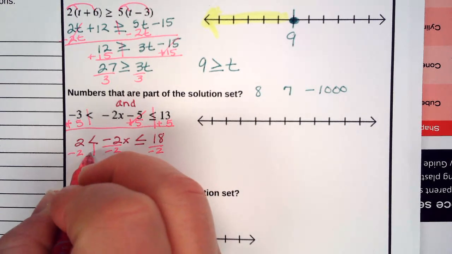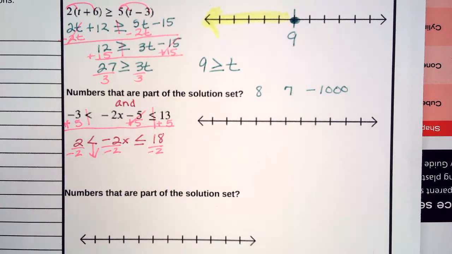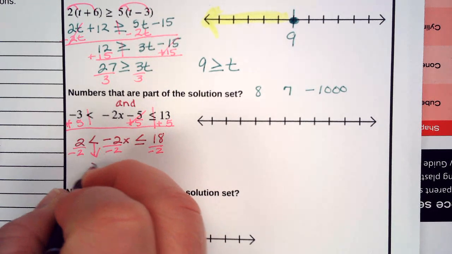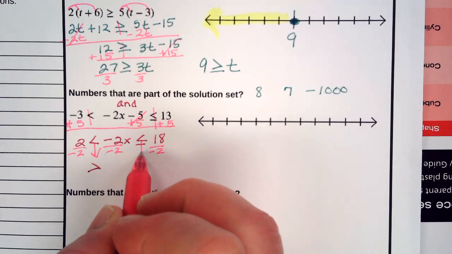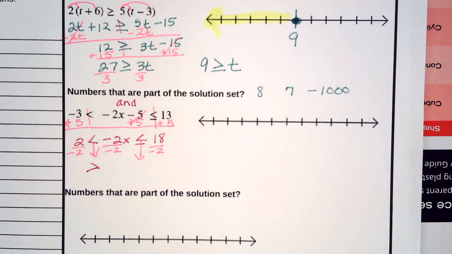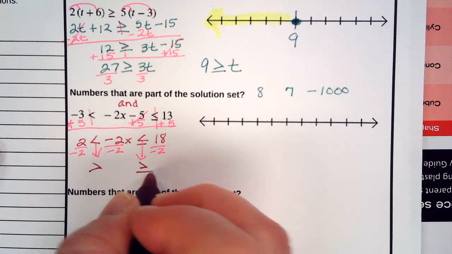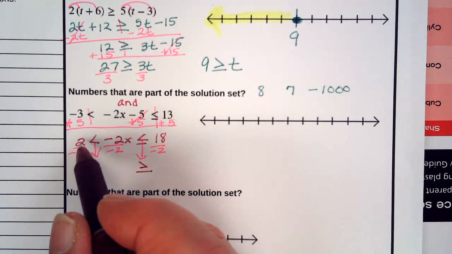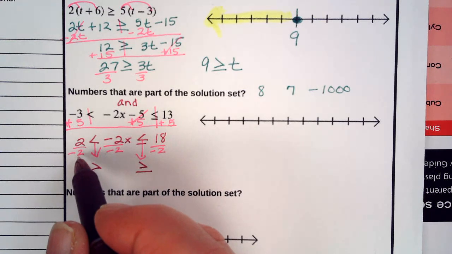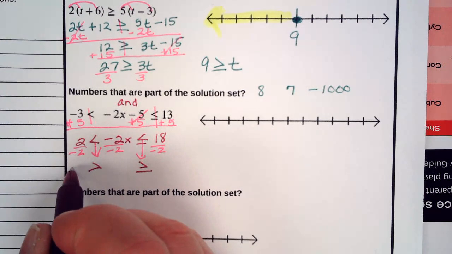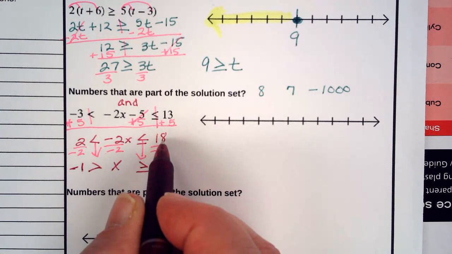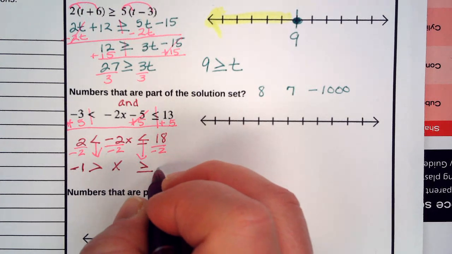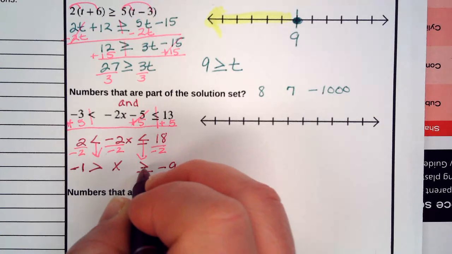That means this one will now become greater than. This one will now become greater than or equal to. Negative 2 divided by negative 2 is negative 1. This is x. 18 divided by negative 2 is negative 9.